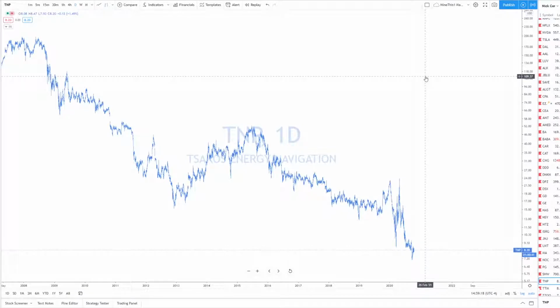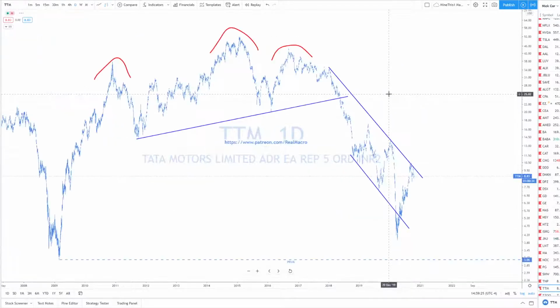Cosan Energy, one of my favorites, long term though, but it's okay. Let it do what it's got to do. Tata Motors. This goes with India. Is this going to be the bottom? I don't know.